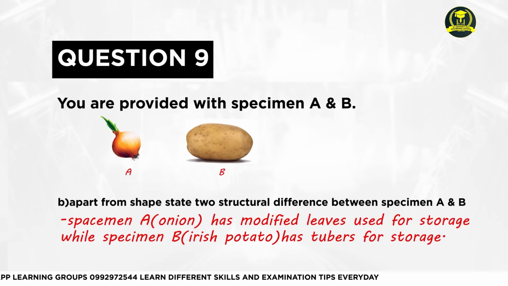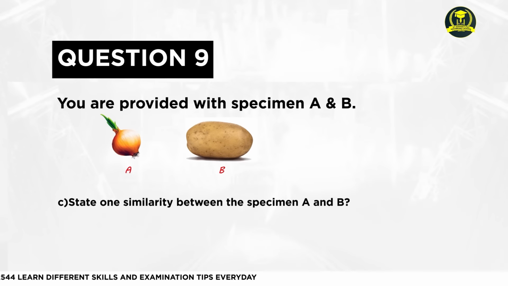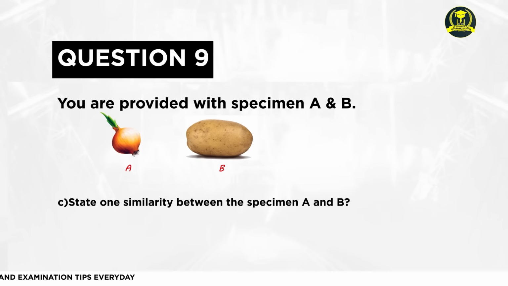A, which is an onion, has scales, while B, which is an Irish potato, has no scales.